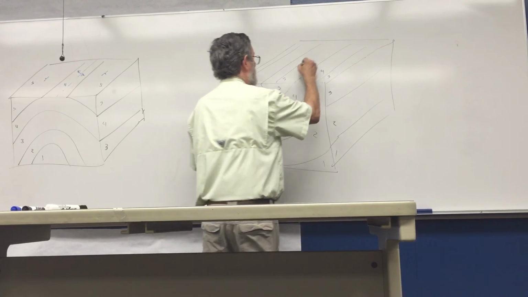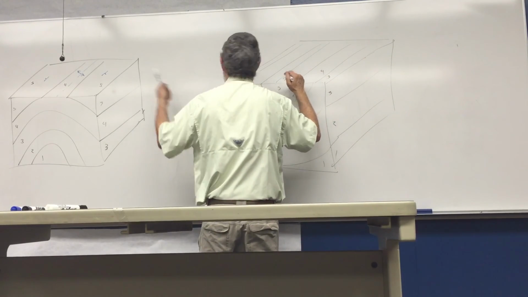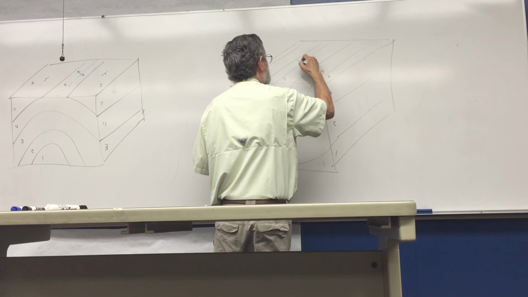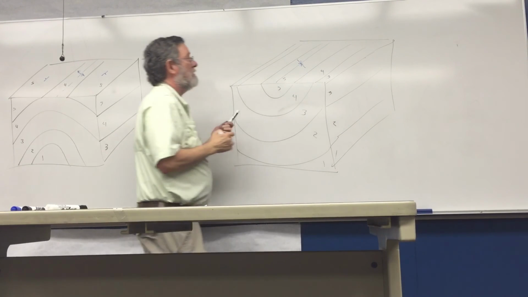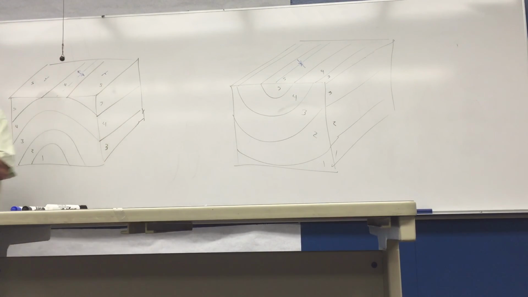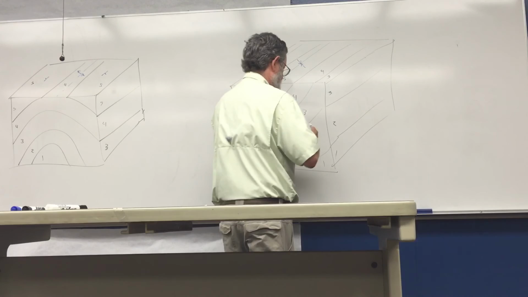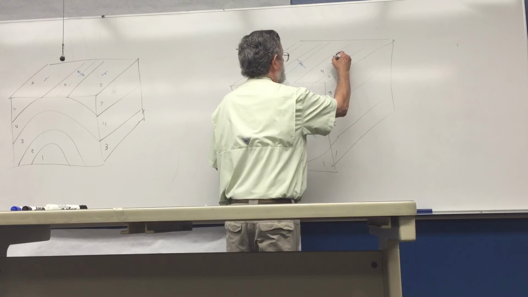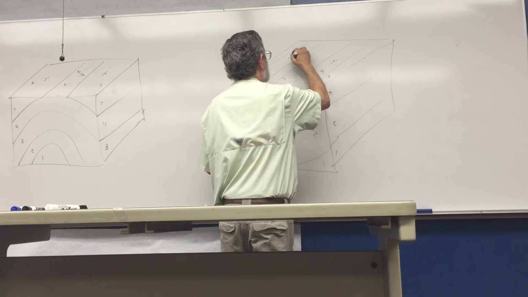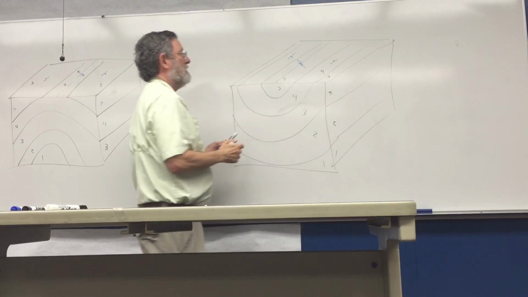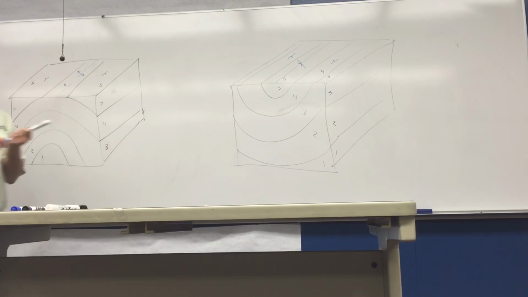If I draw the axis, in this particular case, it would point in towards the center as a syncline, and I would put a strike and dip symbol, again pointing in towards the hinge of my syncline.